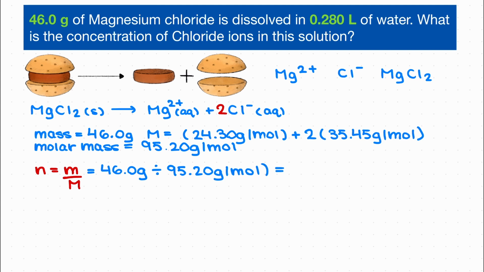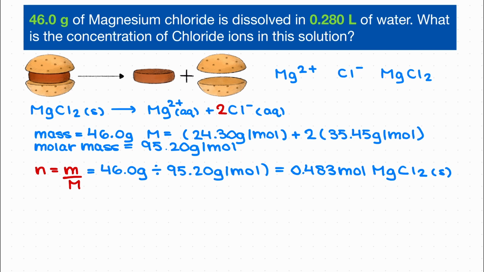And we get our moles, which is 0.483, taking into account sig digs, moles of magnesium chloride. Okay, so that was our first step.